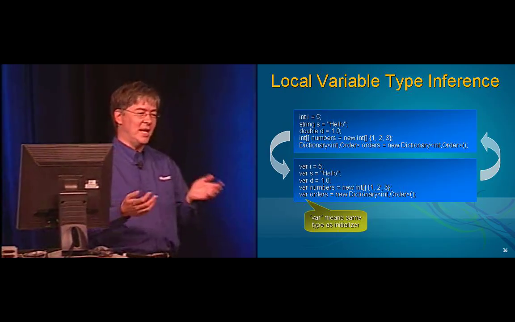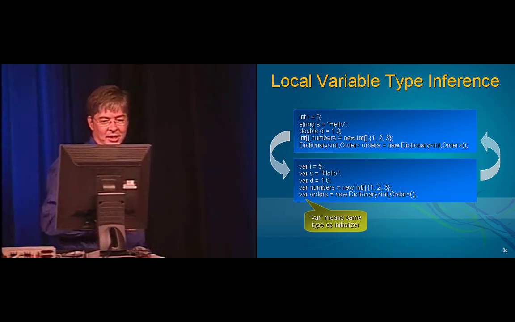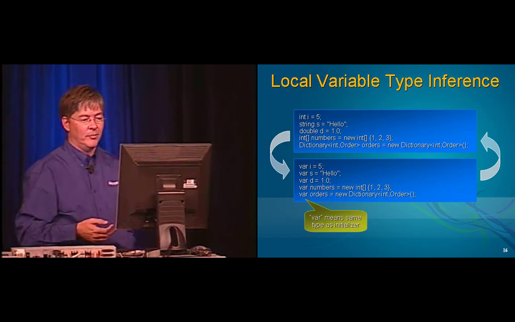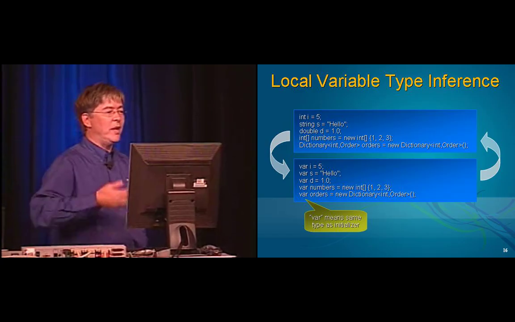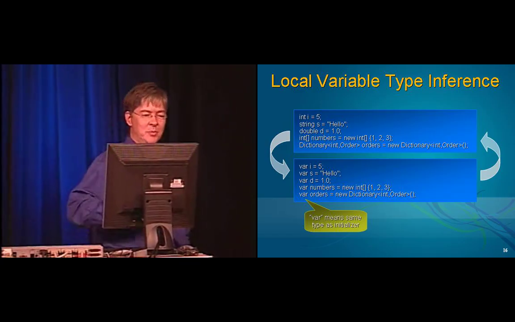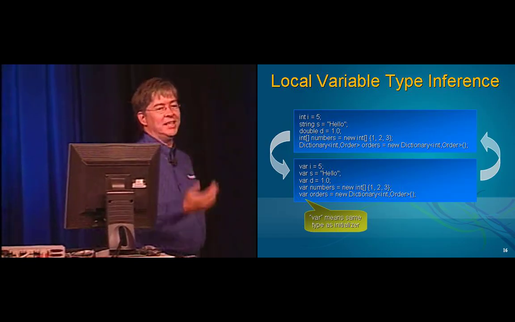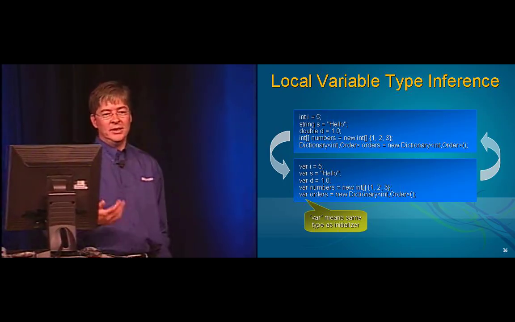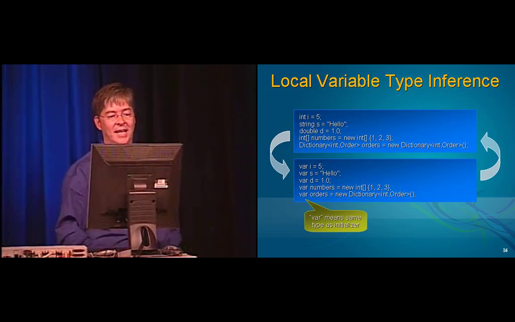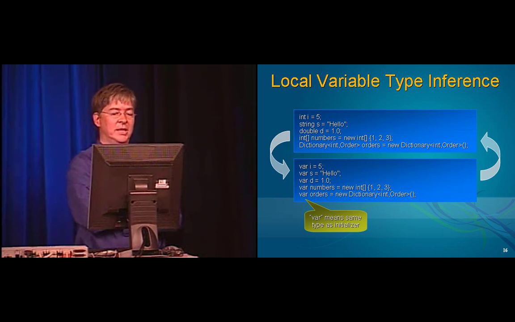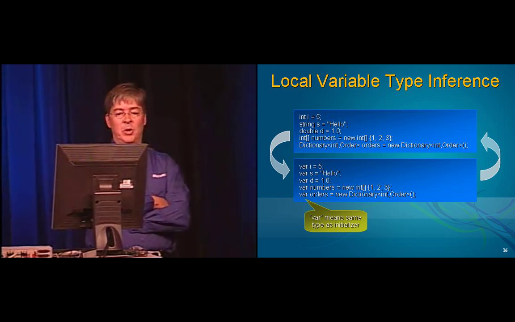It's like, how many times do I have to tell you I want a dictionary of int, order? So local variable type inference allows me to not constantly state over and over the type that is obvious from context, or at least in many cases is obvious from context.